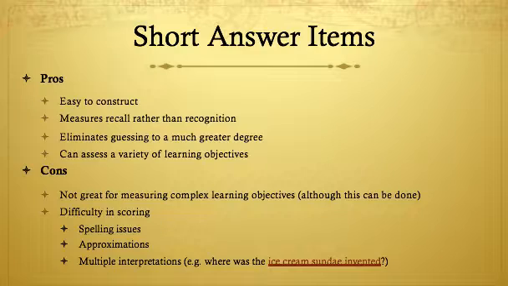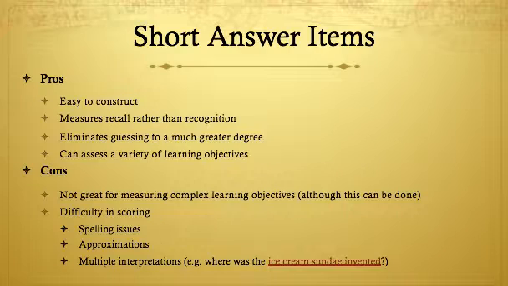When it comes to the pros and cons, the pros are that, one, they're easy to construct, and a lot of people choose this as their basic default go-to format, because you don't have to come up with a bunch of different items. The formatting is really easy and so on. You can also get rid of the guessing factor, and so you're measuring recall rather than recognition.